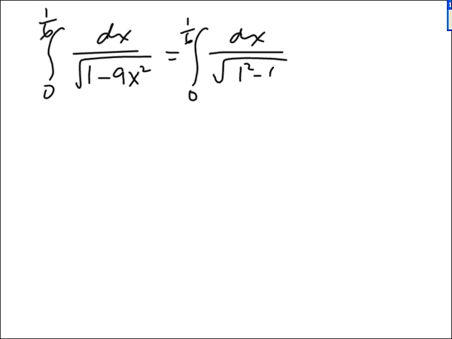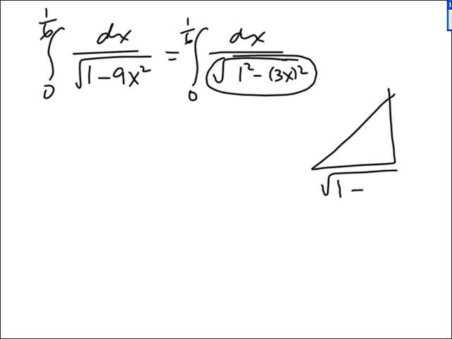It's 1 squared minus 3x squared. And what you're going to do is make this the side of a right triangle, one of the legs.